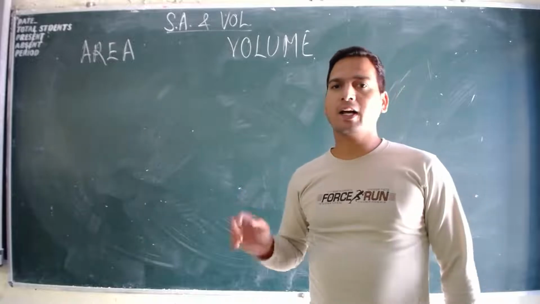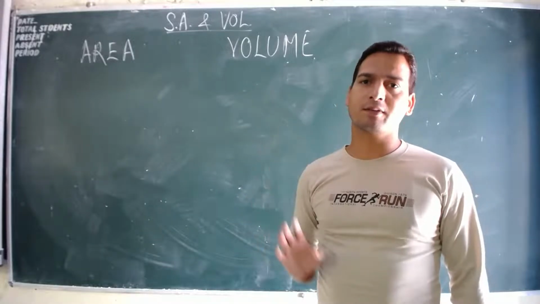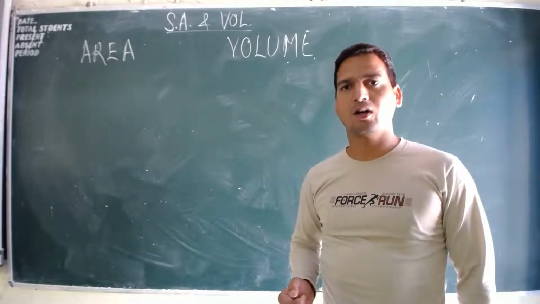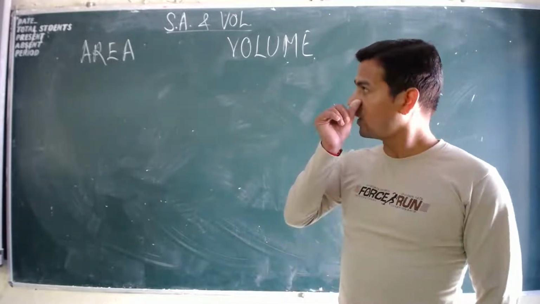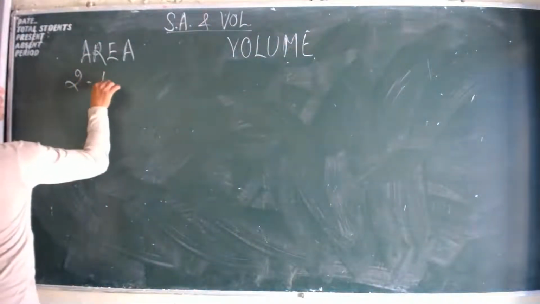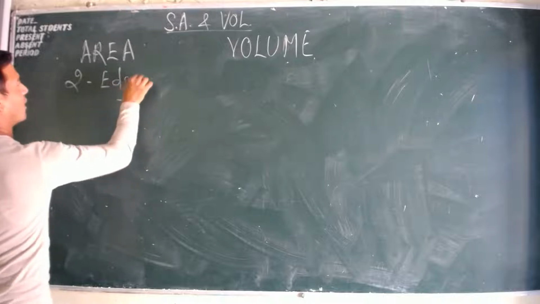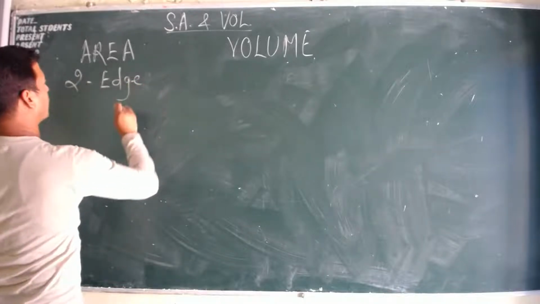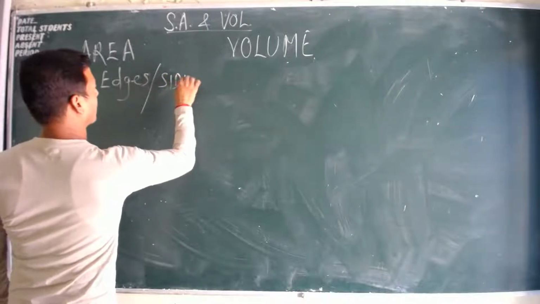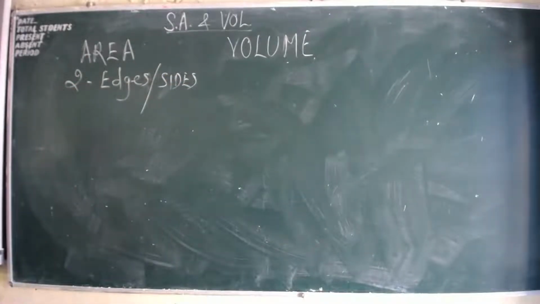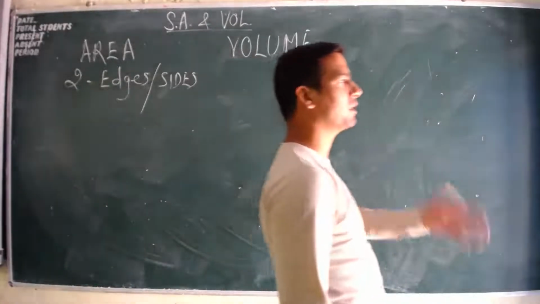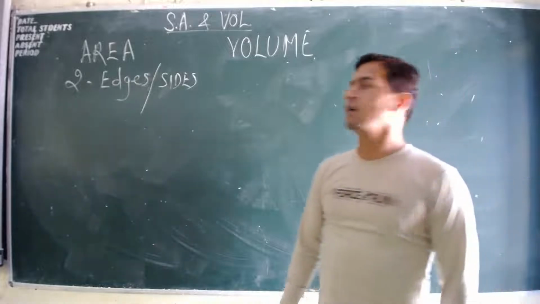Which means for area we require two dimensions, two edges, or you can say two sides. For finding area, we require two edges, two sides, two dimensions.